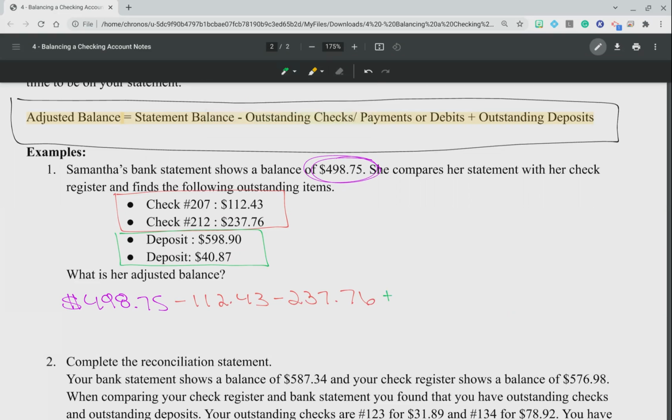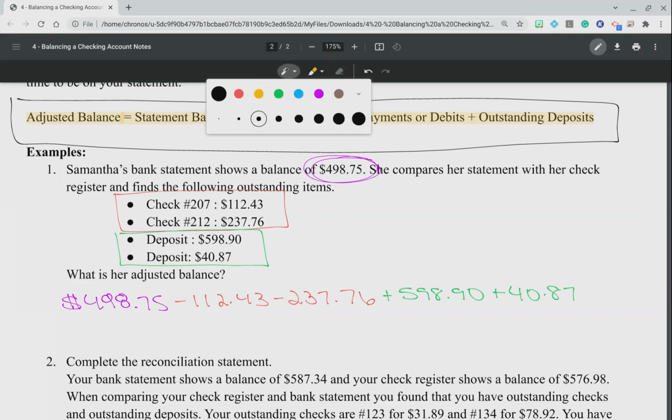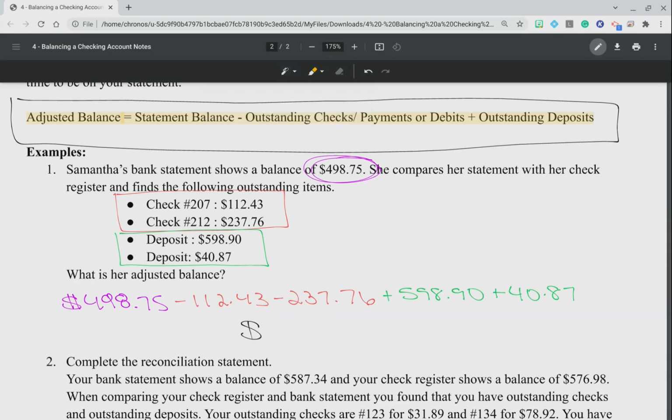She also deposited $598.90 along with $40.87. So type that in your calculator, and you'll find that her adjusted balance was $788.76.